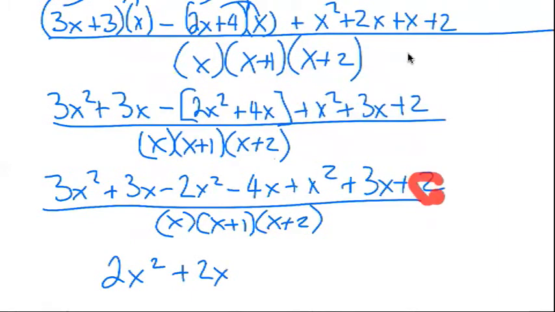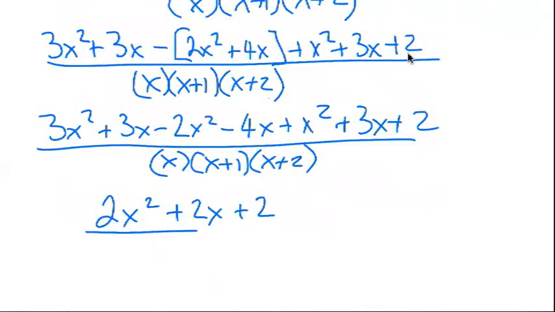And my lowly constant, 2 plus 2, all over x, x plus 1, x plus 2.